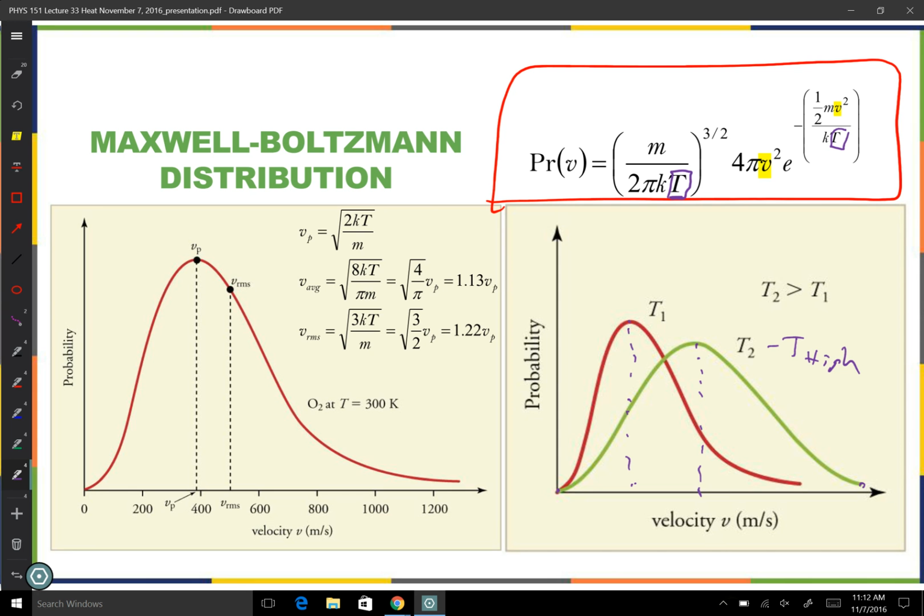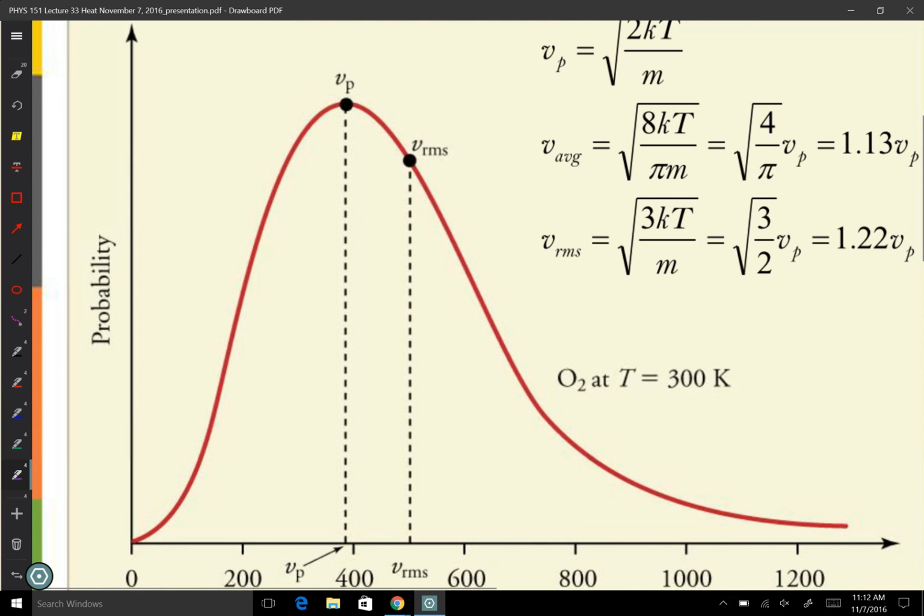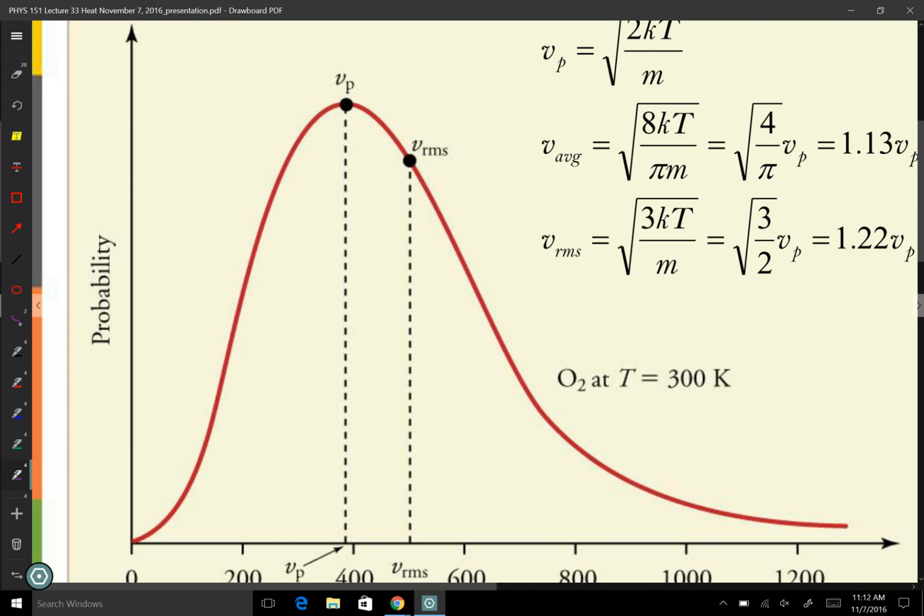The picture on the left, which I'm now going to zoom in on, shows us two of the three important speeds we actually talk about. The most probable speed says the speed that the most molecules have is that most probable speed. And so it's just the peak of the probability curve because it's the most likely.